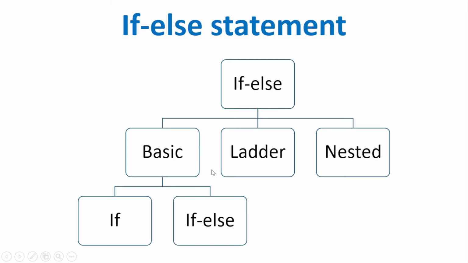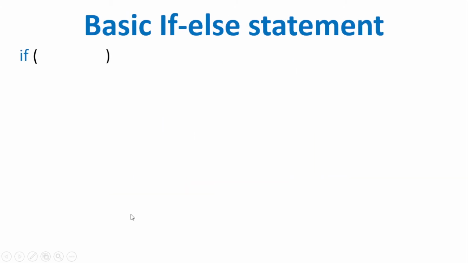Now, the if structure in C can generally be divided into main types: basic if and if-else statements, the if-else ladder, and nested if-else statements. Number one, basic if statement. This is the simplest form.